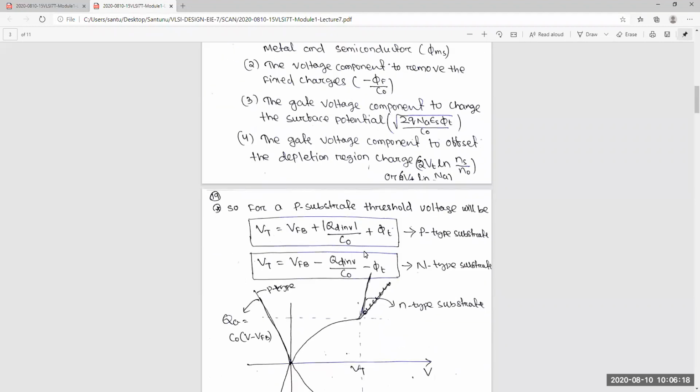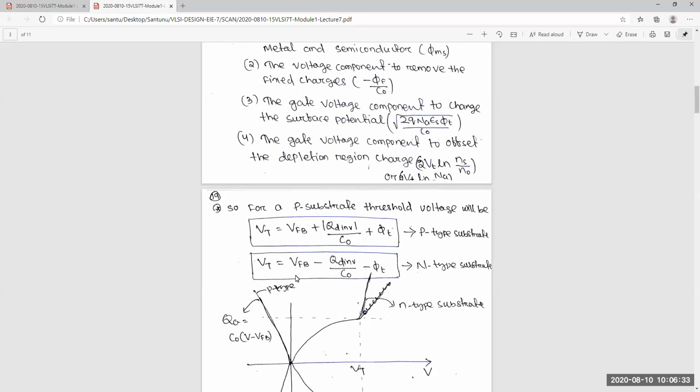Simply see this part, the flat band part. The fixed charge in the oxide layer is always positive, so that will not change whether it's a p-type or n-type substrate.